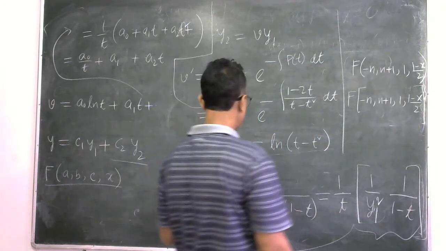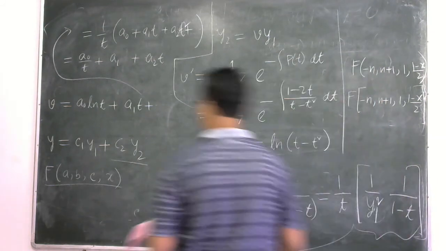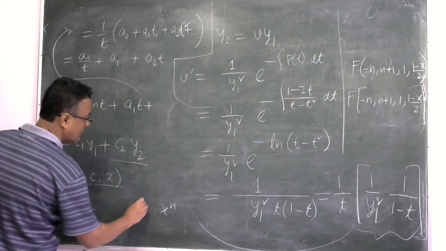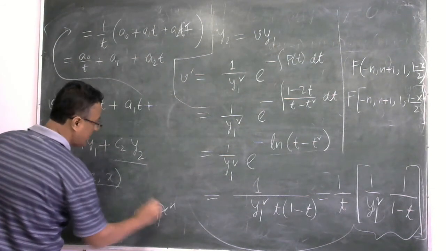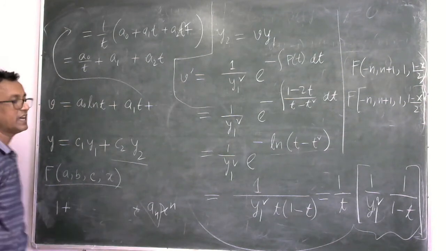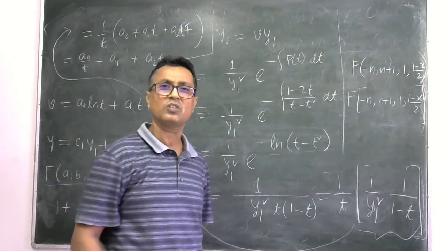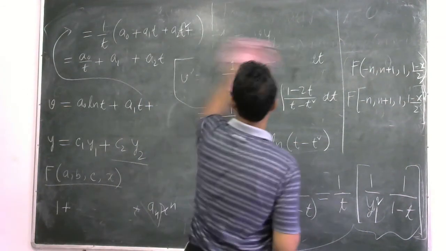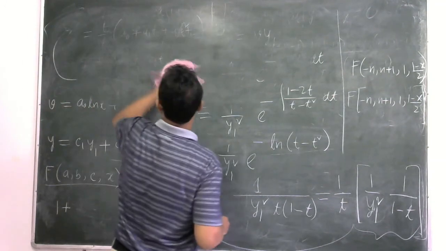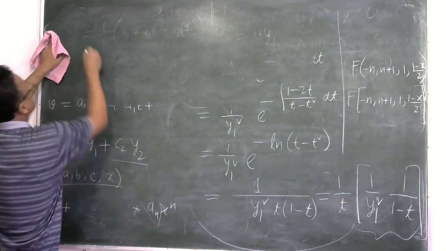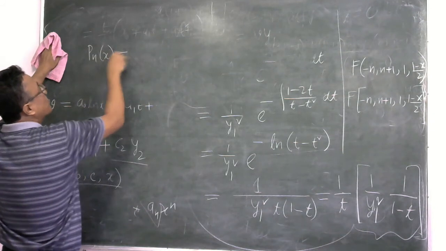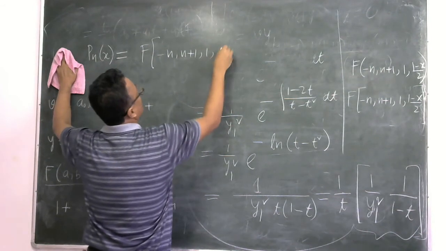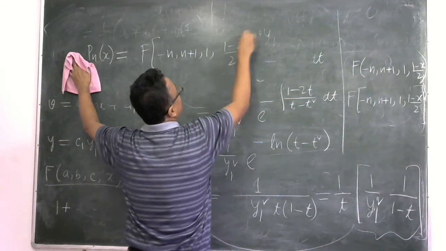Okay. So basically, what I will do, I will go from 1 plus up to an into x to the power n only. And you know what is an, I had already worked it out. Are you getting my point or not? So what is going to happen? Your Pn(x) is simply this F(-n, n+1; 1; (1-x)/2).